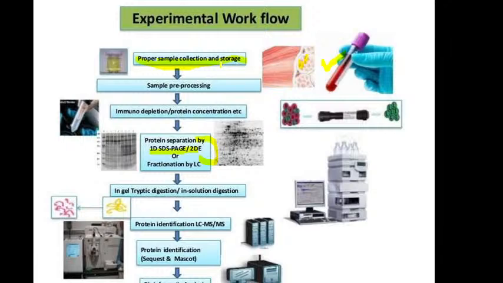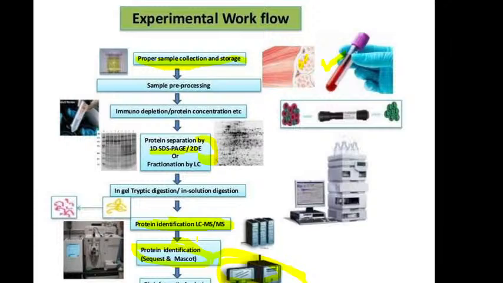First we have to do the separation, then the protein identification on mass spectrophotometry, and after the protein identification, we have to do the bioinformatic analysis. Getting my point? Are you able to understand what I want to say?